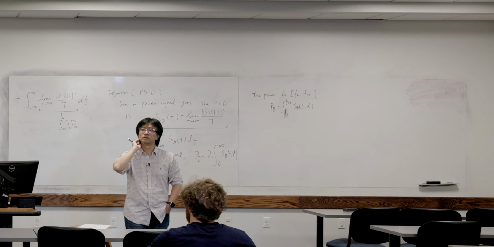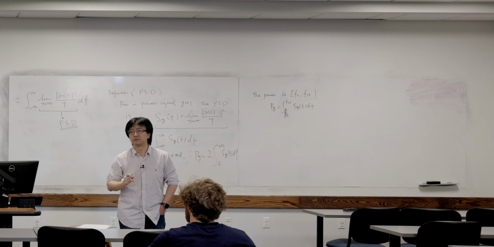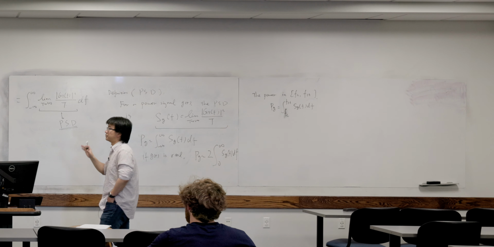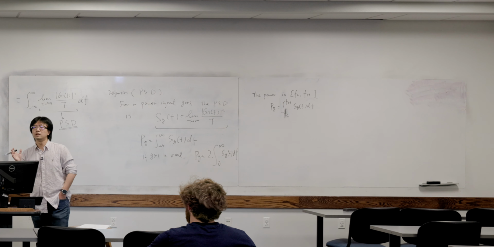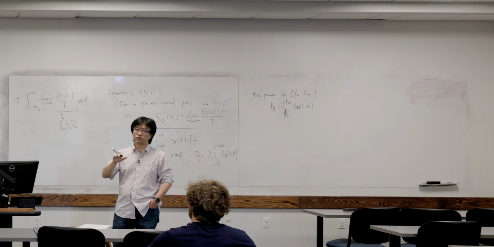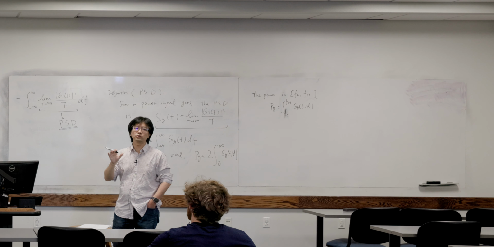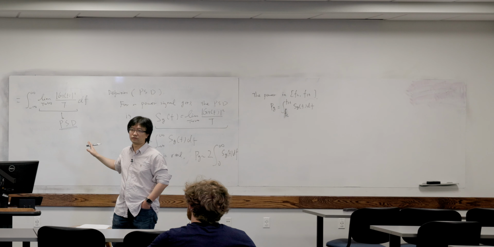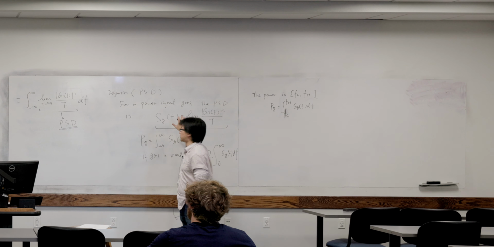Can't we use the autocorrelation? Very good. For the energy spectral density, we can compute it directly using the definition, or we could compute the autocorrelation function first and then use the Fourier transform. Can we do something similar here? This is the definition of the power spectral density.